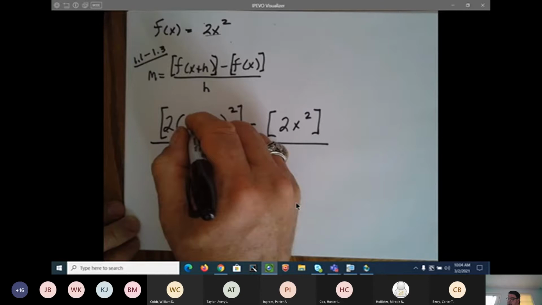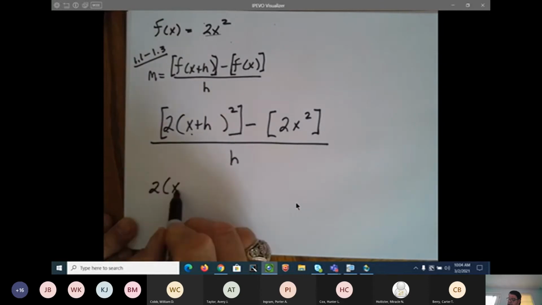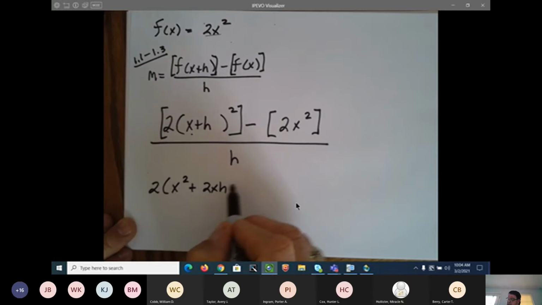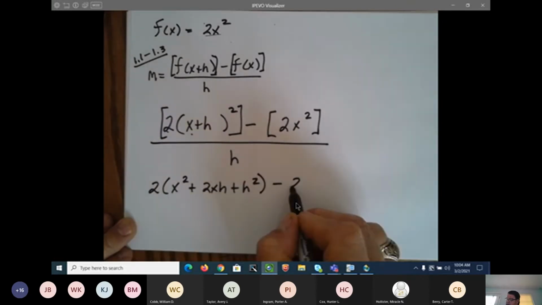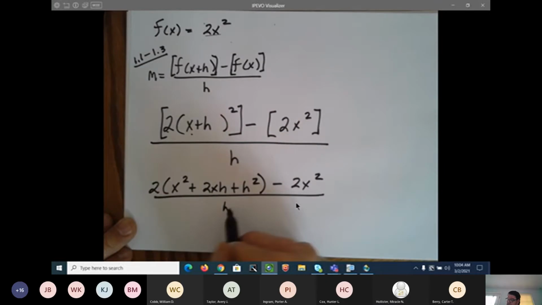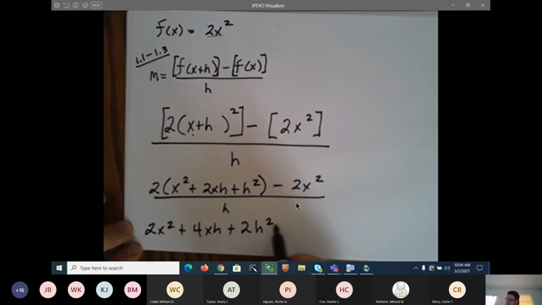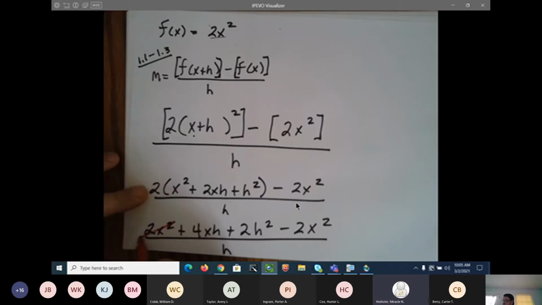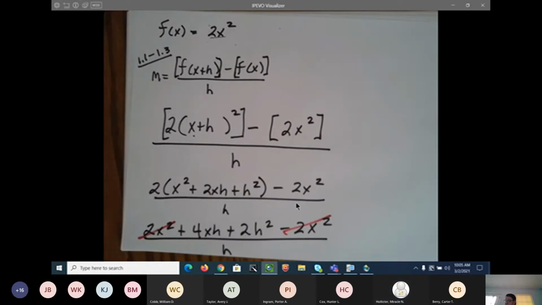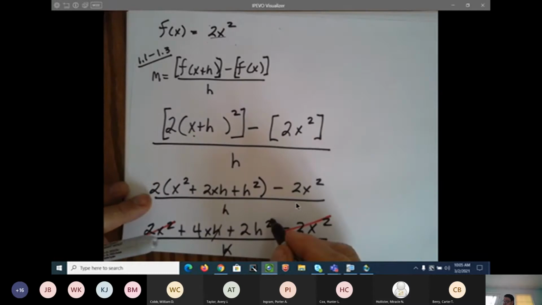That's going to give us shortcut number 1: 2 times x squared plus 2xh plus h squared minus 2x squared over h. That's 2x squared plus 4xh plus 2h squared minus 2x squared over h. And the 2x squareds do what? Cancel. Thank you. And I'm going to cancel that h right there, making 1h.